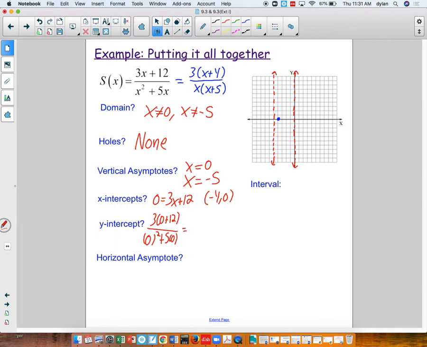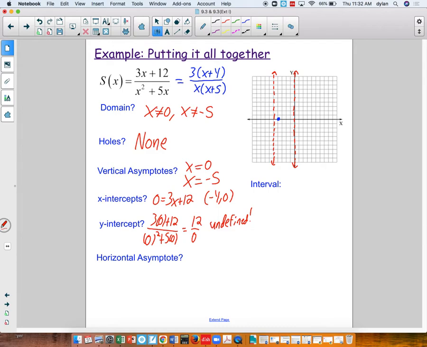I apologize, let me rewrite the numerator here. 3 times 0 plus 12. So essentially here we would end up with 12 over 0, which is undefined. So in other words, we have no y-intercept. And that makes sense because if you look at our graph, we have a vertical asymptote at x equals 0, so it's pretty clear that we couldn't possibly have a y-intercept in this situation.